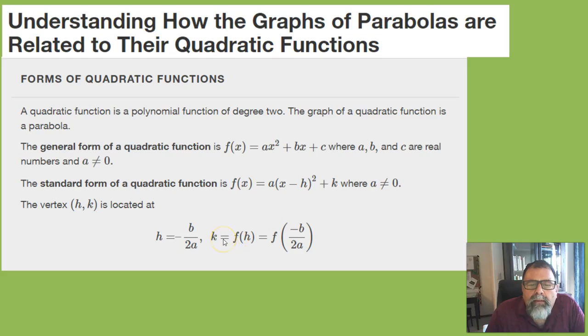And then k, they break down the formula in the textbook, but they say it's easier to remember it's the output value when you put in h. So figure out h, plug it back into the function, work this out, and that'll be the y value for the vertex. So again, I would call this the shortcut to finding the vertex if it's given in the general form.